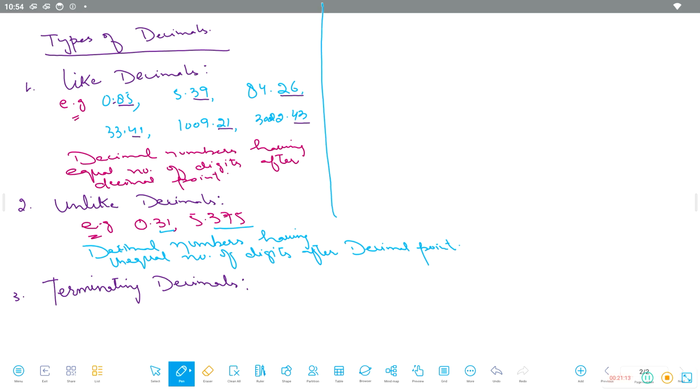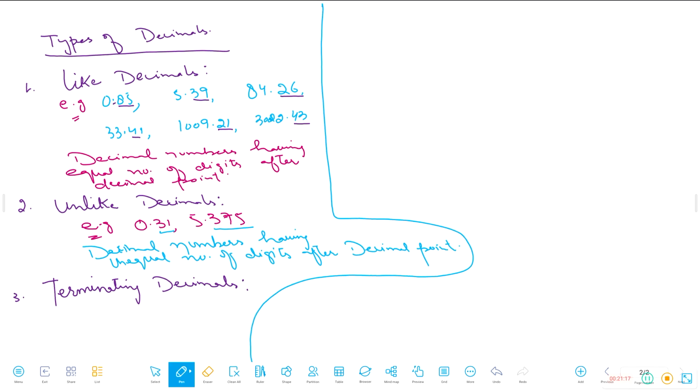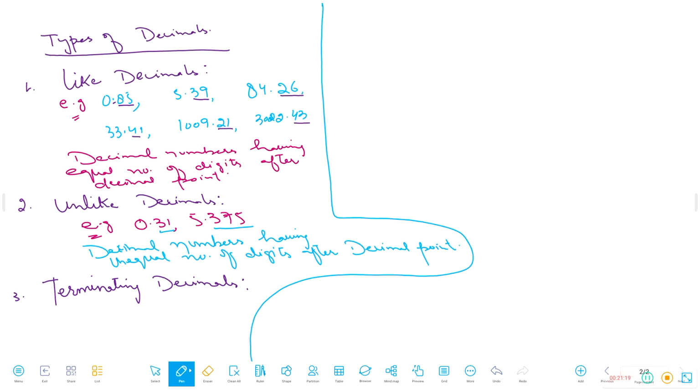Now we will first learn about how to convert unlike decimal numbers into like decimals. If you remember the like fractions and unlike fractions, I have told you there that you can add and subtract only like decimal numbers. Sorry, like decimal fractions.